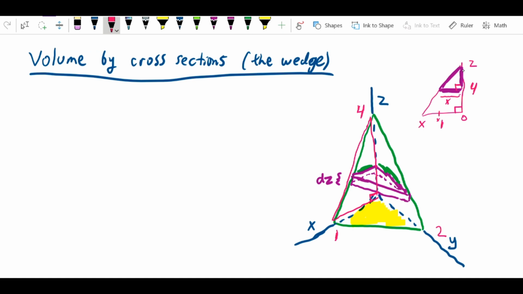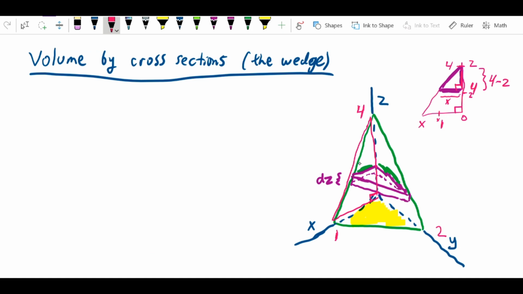Now I can't quite do the same thing here because a height of z, if this is z, is certainly not giving me the length of this vertical leg of the triangle. Rather, for some point, let's say z on the z-axis, since we know that this is 4, the length of that leg is going to be 4 minus z.